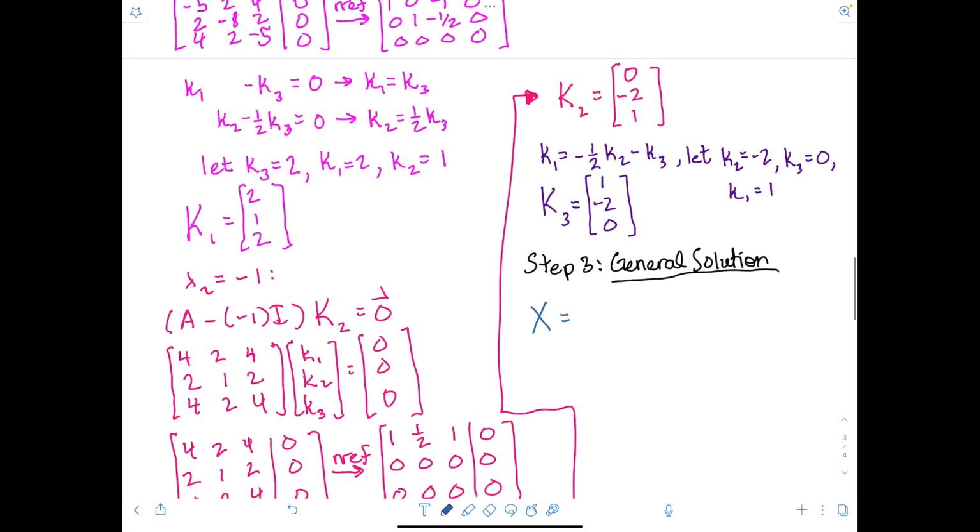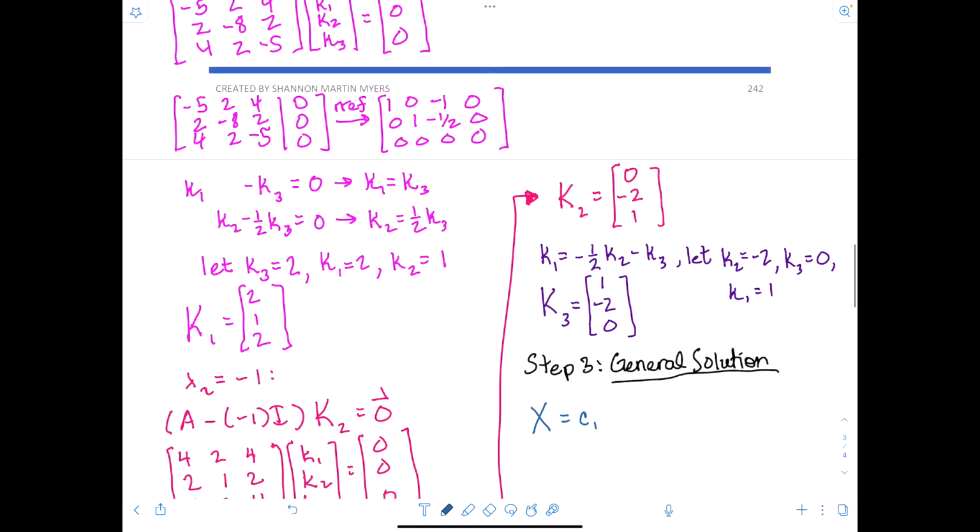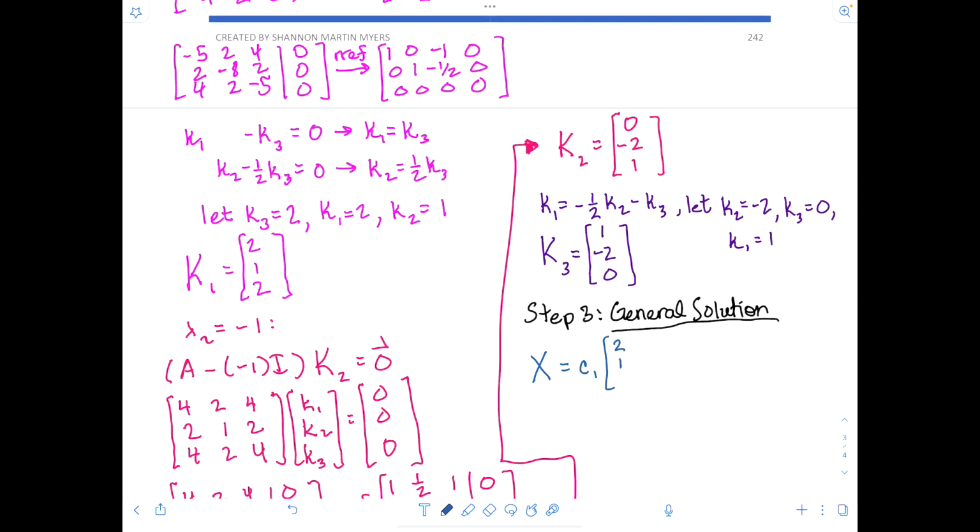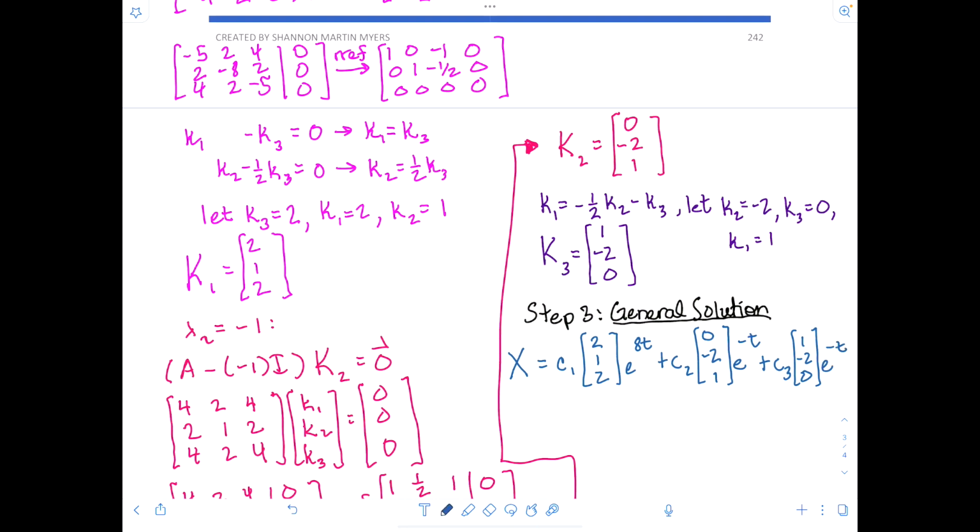So we will have C1, and that was all the purple stuff where lambda was 8, 2, 1, 2 times e to the 8t, plus C2, that's our K2 vector, 0, negative 2, 1, times e to the negative t, because lambda is negative 1, and then plus C3 times 1, negative 2, 0, times e to the negative t. Groovy?